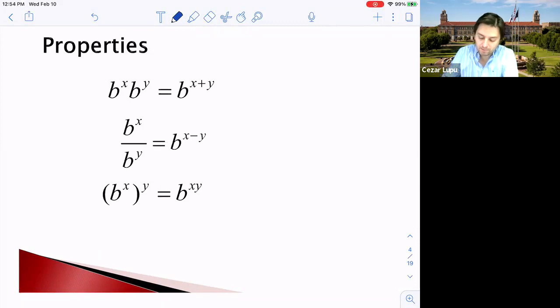So let me just give you an example. Maybe we should use some x. So let's see examples. Let's see, 2 to the power x times 2 to the power x plus 3, right?